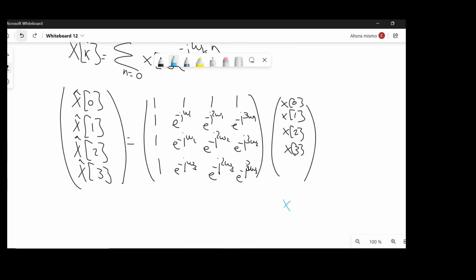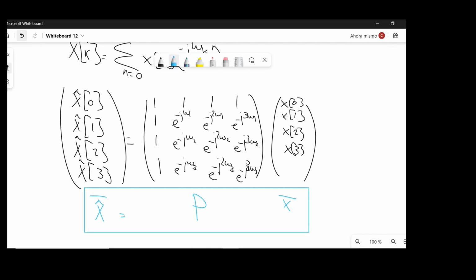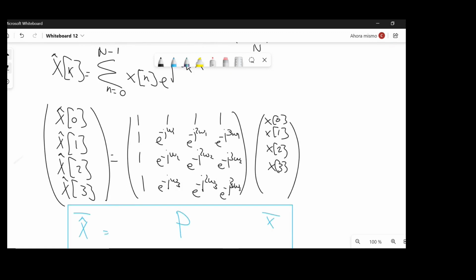So you have the vector in real space, here you have the vector in Fourier space, and then you have a matrix in between. Do you see? So the Fourier transform is nothing more than a change of basis. From which basis to which basis?